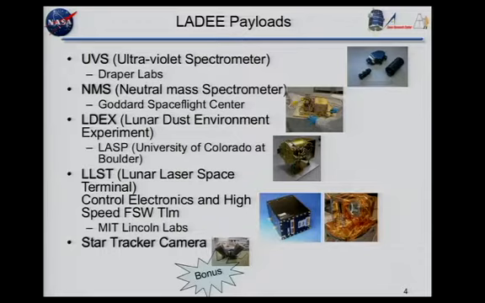And then the bonus payload, which I didn't even know was going to be a payload, though there was talk about it, was the star tracker camera. Originally, it wasn't scoped in to have a camera on there. It wasn't in the budget or the design.